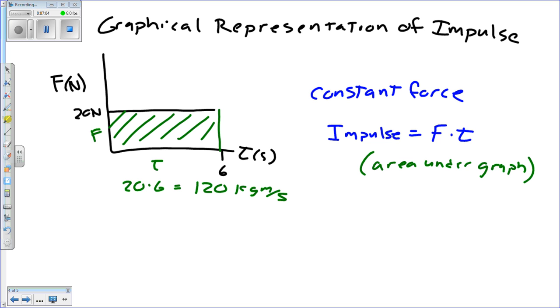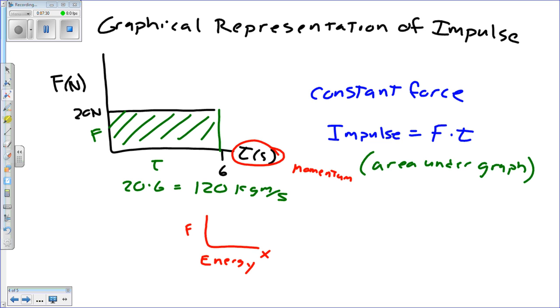Fairly straightforward. You guys should be aware that the area under the graph usually has some kind of physical significance. What's different, and this is the thing that you want to realize, is that in energy we had force and distance. Now we have force and time for momentum.